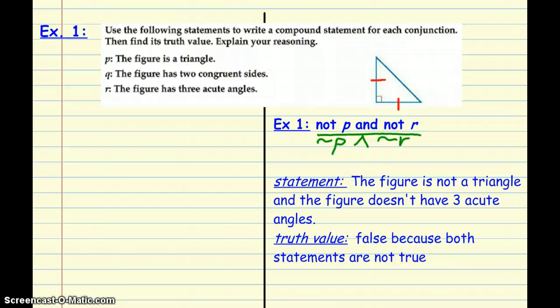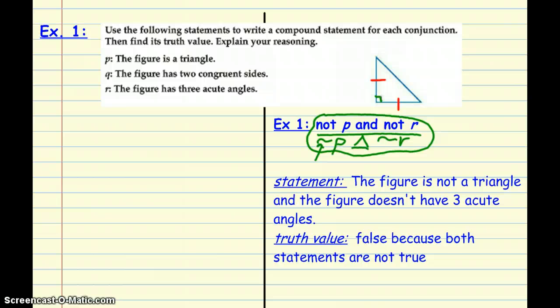In this case, going off of this triangle, it says not P and not R. If P is the figure is a triangle, because we're looking at not P, we would say the figure is not a triangle, and the figure doesn't have 3 acute angles.